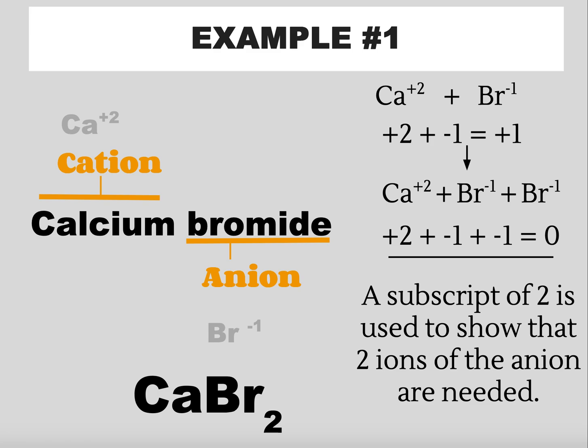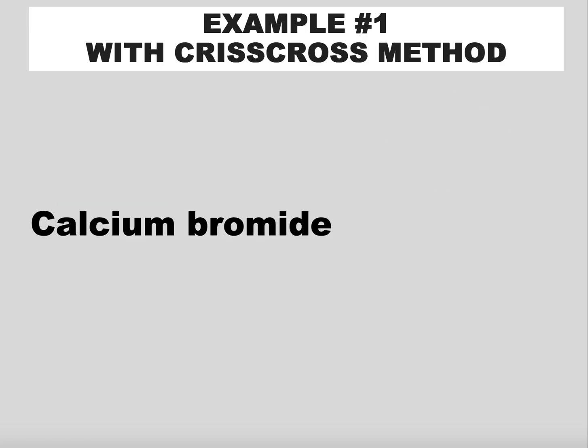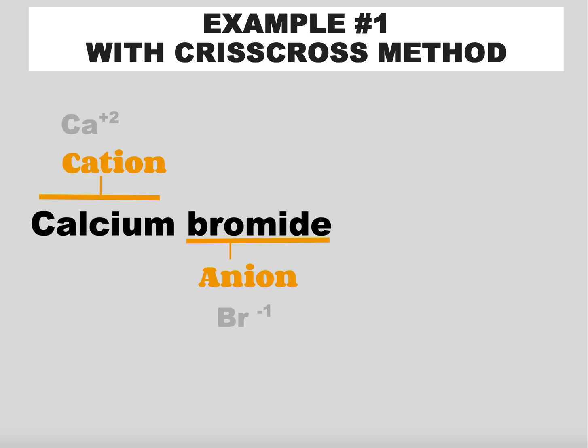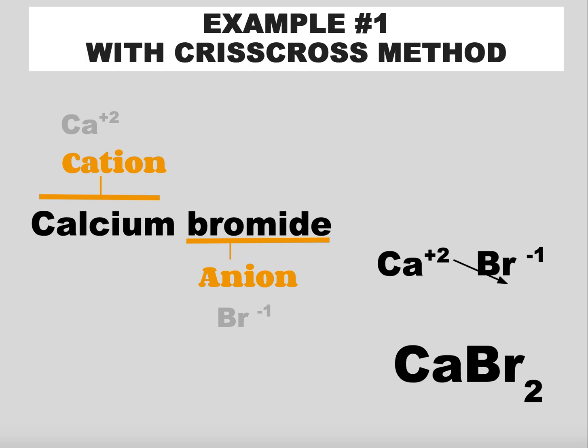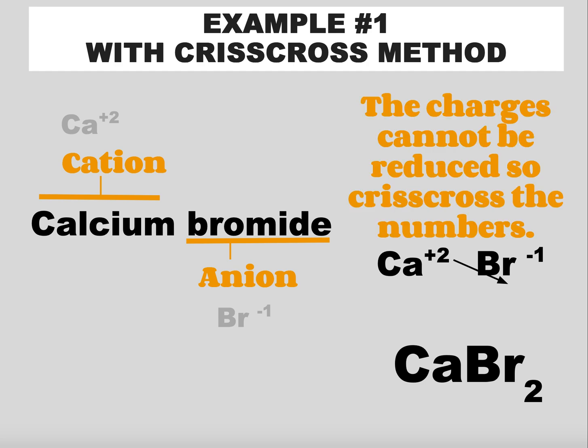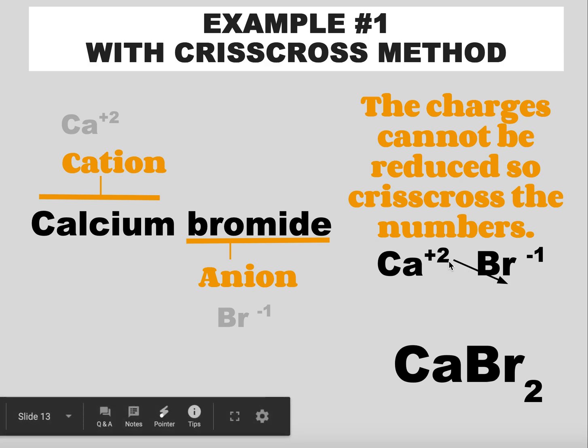Now let's do the exact same example, but using the crisscross method. Same process, we find calcium, which is +2. We find bromine, which is -1. And what we're doing is crisscrossing the numbers. I'm taking the 2, and if you follow the arrow, notice where it ends up.